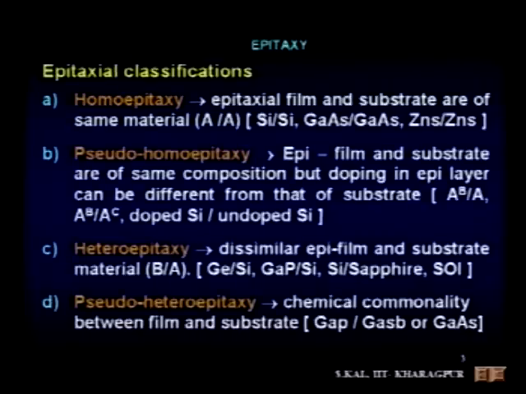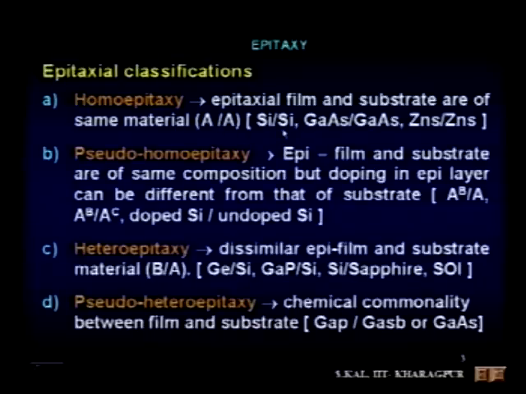In homoepitaxy, the epitaxial film and the substrate are of the same material. That means if we make epitaxial film A on a substrate A, where A stands for a particular material, then this is known as homoepitaxy. Example is silicon on silicon.